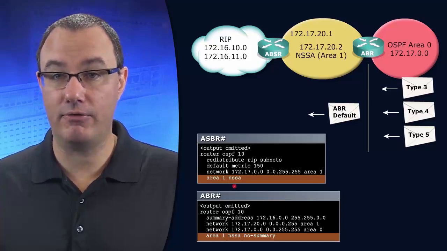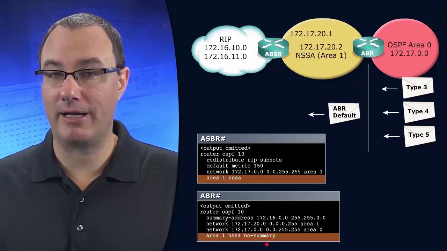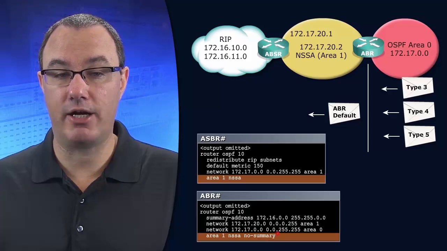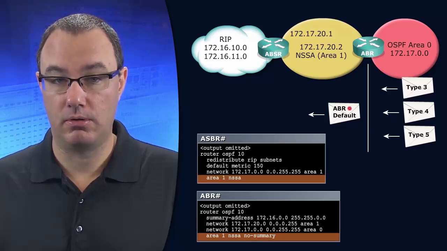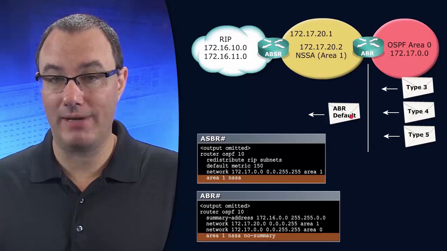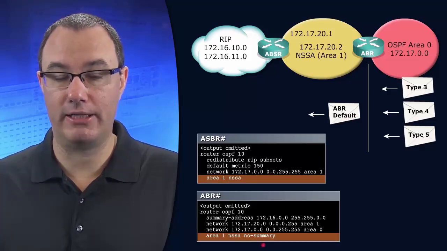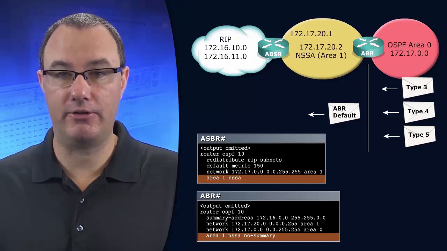If it is of flavor totally NSSA, we ensure that the area border routers all have no summary. This tells the router you need to advertise the default route into the area, and you will break connectivity if you do not have this. You need the no summary on the area border router, telling it is an area border router. If you've got that in place, this area type will work for you.